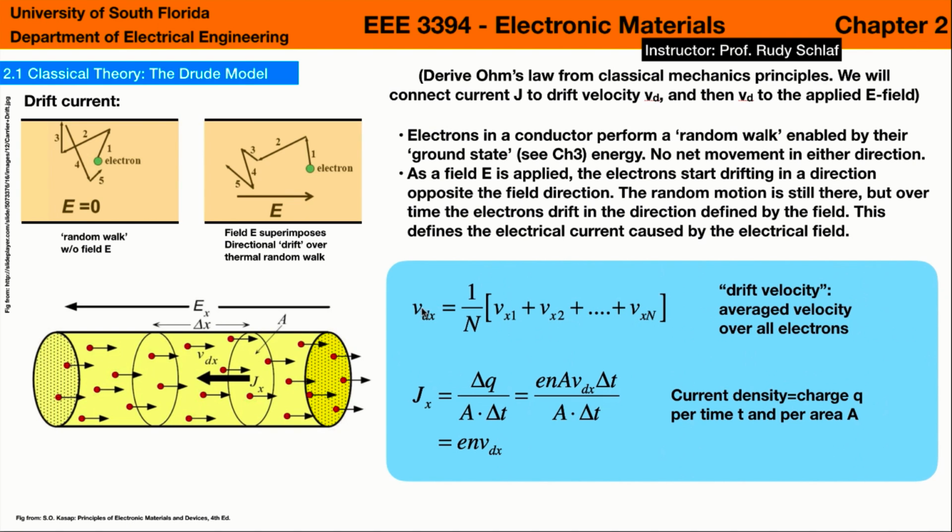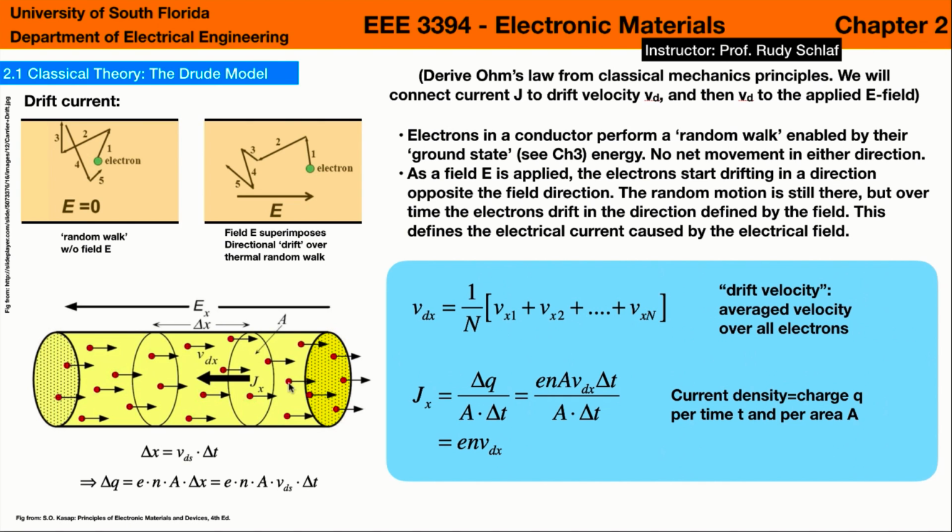If we want to determine the average drift velocity that is caused by the electrical field, then we need to sum up over all the drift velocities of the individual electrons and divide by their number. Now the current density is just the charge moved per time through an area.